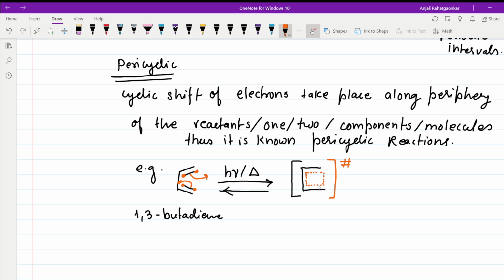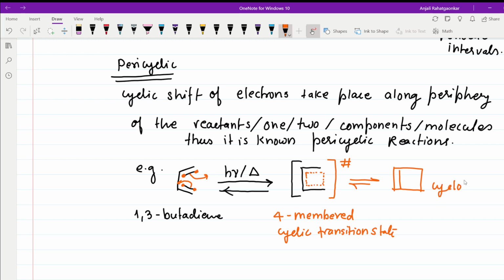So this is a cyclic four-membered transition state. And then the reaction moves in the forward direction where we get this cyclic structure, which is nothing but cyclobutene.